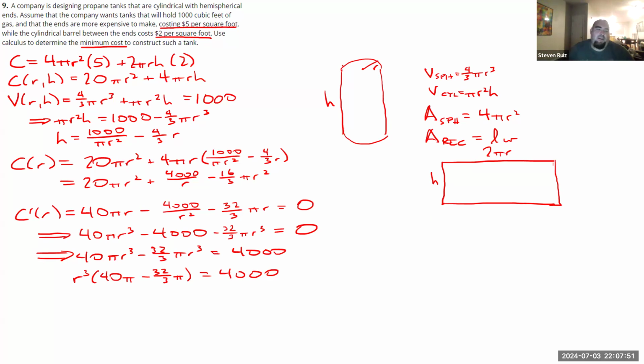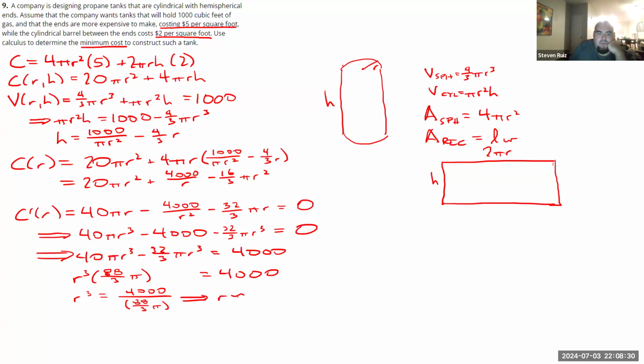What's my common denominator here? 120 minus 32 is 88, so this will be 88 over 3 pi. So r cubed equals 4,000 over 88 over 3 pi.